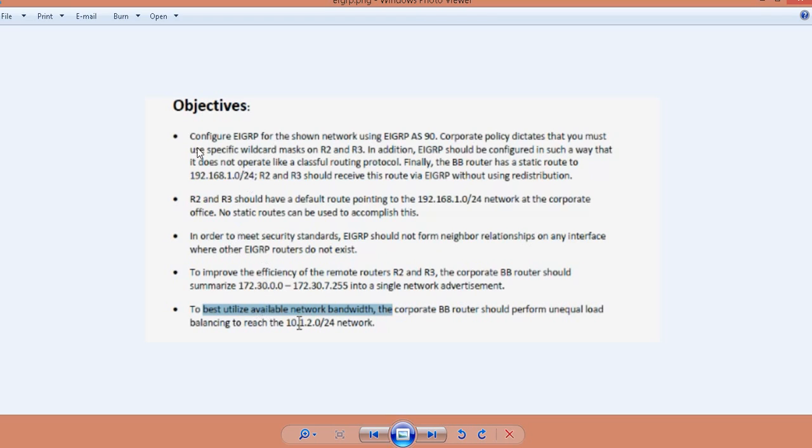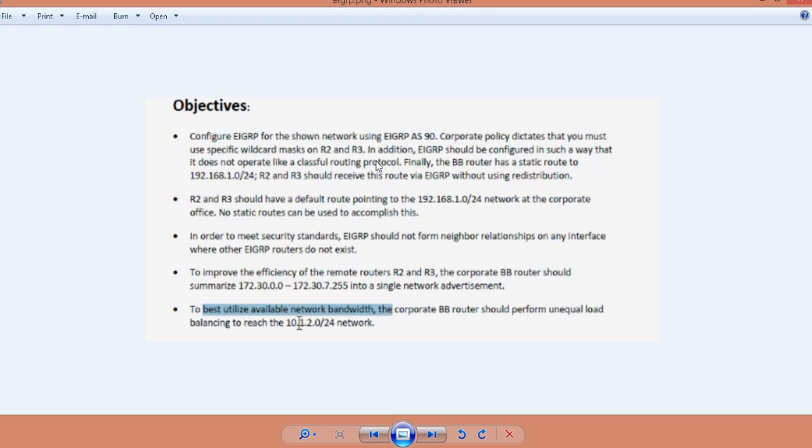Okay, see the objectives. I have 5 objectives. Number one, configure EIGRP for the network using EIGRP Autonomous System 90. Corporate policy dictates that you must use specific wildcard mask on router 2 and 3. In addition, EIGRP should be configured in such a way that it does not operate like a classful routing protocol.